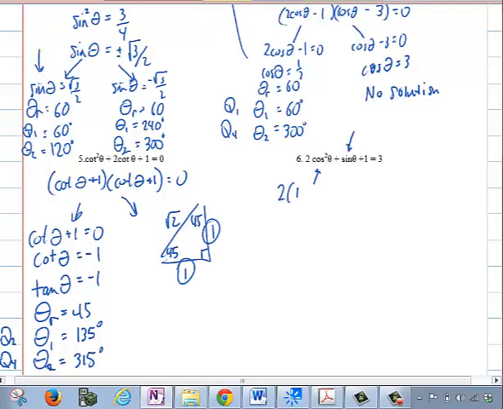Last one, we have to do a trig substitution because the trig terms don't match. So I'm going to do 2 times 1 minus sine squared of theta plus sine of theta plus 1 equals 3. I distribute the 2, plus sine of theta plus 1 equals 3. Because it's nonlinear, everything gets moved over to one side.